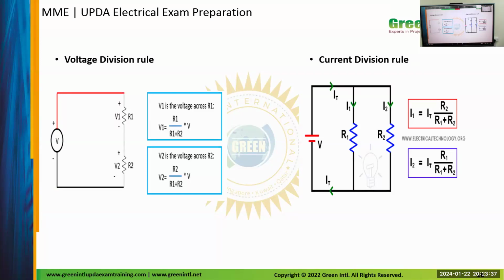For series and parallel circuits, we have two rules: the voltage division rule and the current division rule. If we know the formula, we can solve the problem immediately and save time.